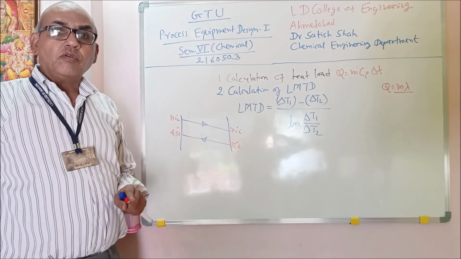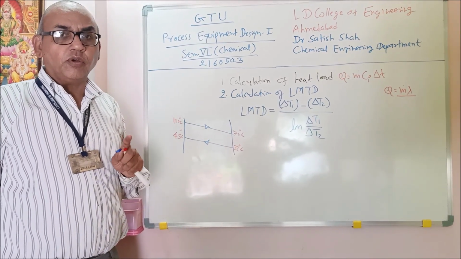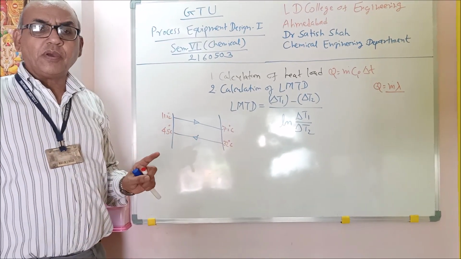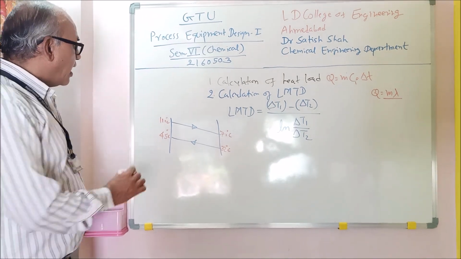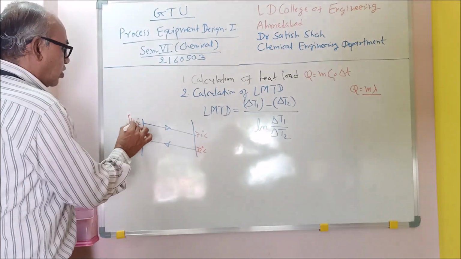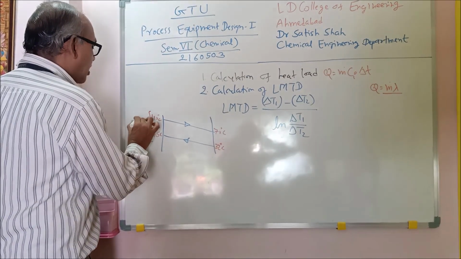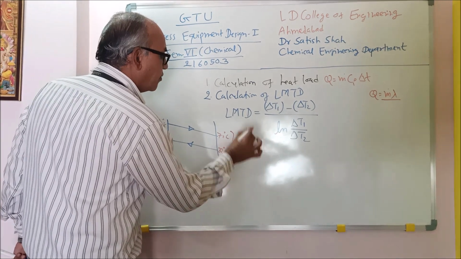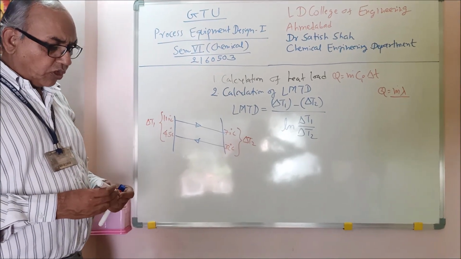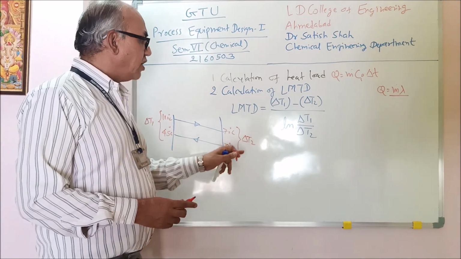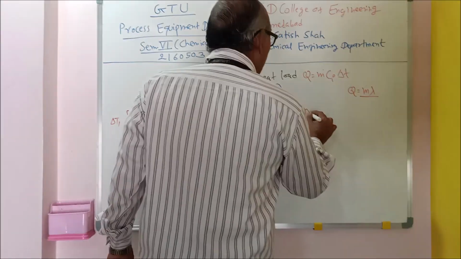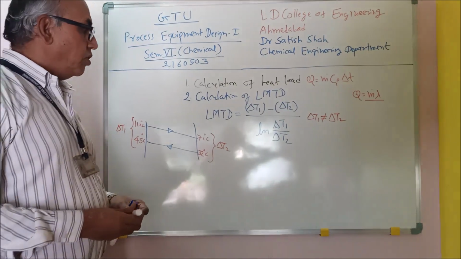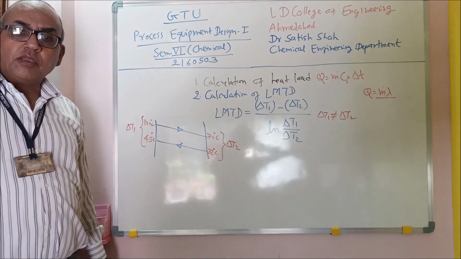But I know that in the figure I have shown you, I have shown 1-2 pass. But let us assume first that here it is 1 pass, completely counter current flow. I will calculate the temperature difference here. That is known as delta T1. And the temperature difference over here is known as delta T2. So if you substitute the values of delta T1 and delta T2, the condition is that delta T1 should not be equal to delta T2. Then you will calculate the value of LMTD.